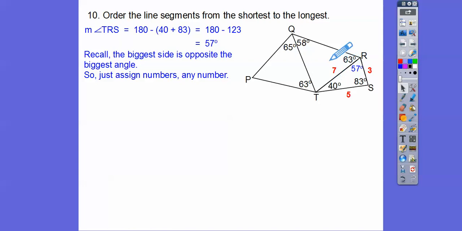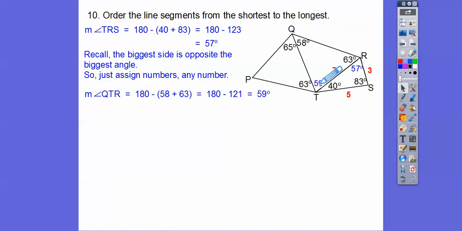Now I'm going to use that for this triangle right here. So 58, 63, and how much more to get 180 in that triangle? If we do that, we find out that that missing angle is 59 degrees. Now with these random numbers, we're going to use this 7 right here and recognize that this is the smallest angle in this triangle, so 7 must be the smallest side.